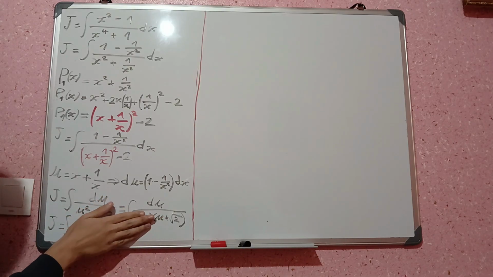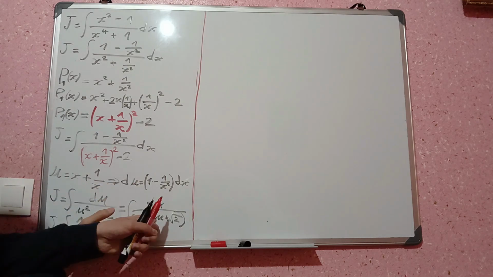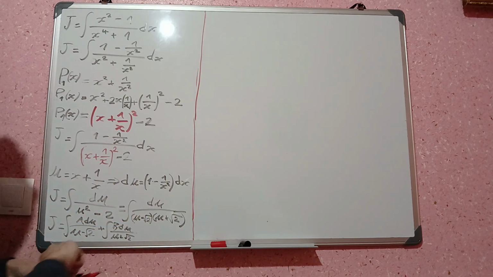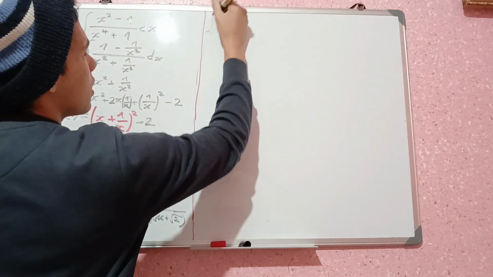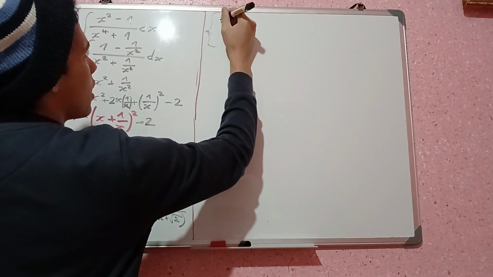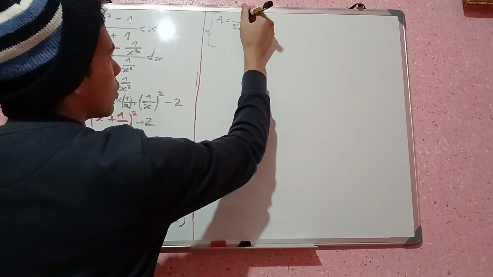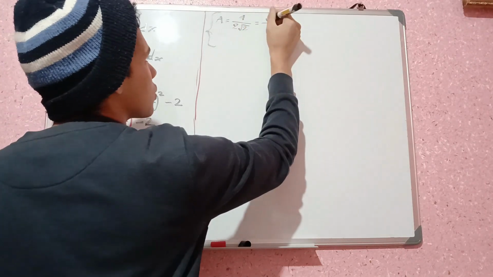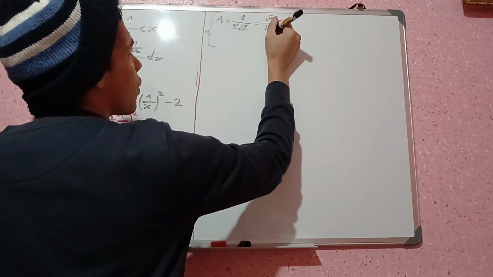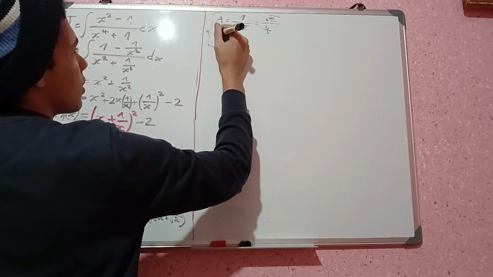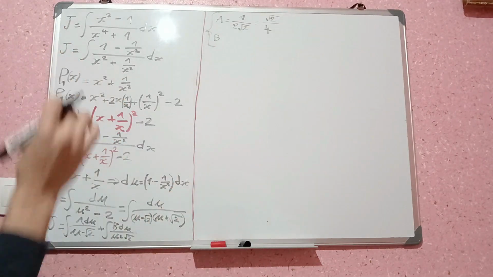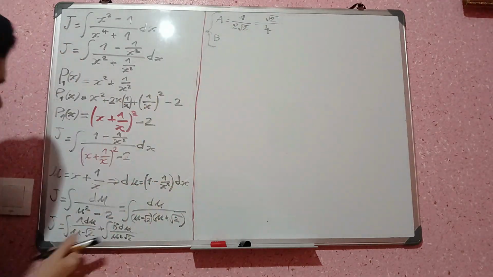Put it in the other factor, so you have 1 over 2 square root of 2, so a will be equal to 1 over 2 square root of 2, which is the same as square root of 2 over 4, by multiplying the numerator and denominator by square root of 2.